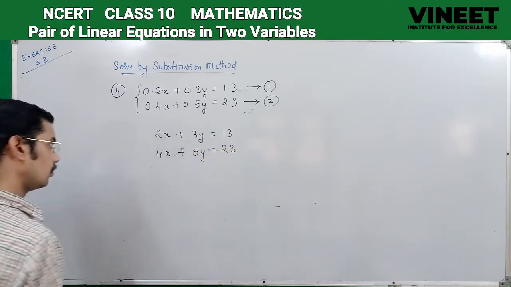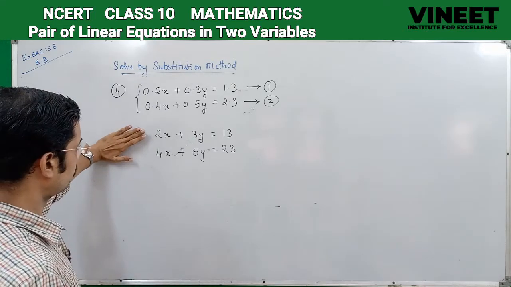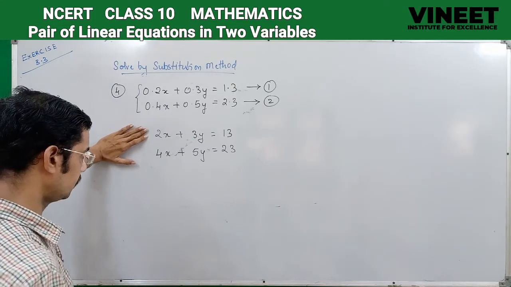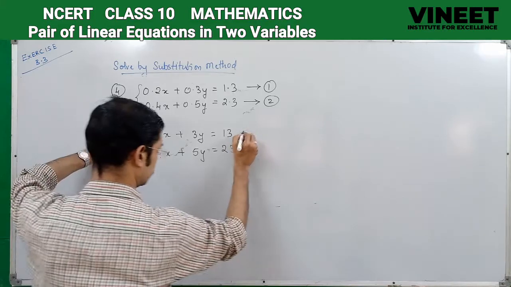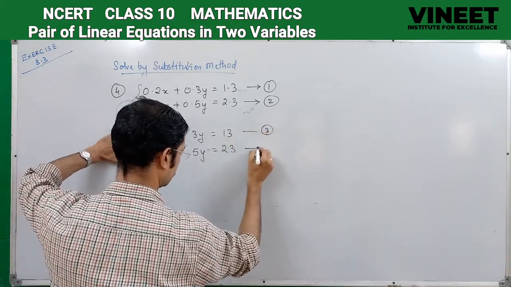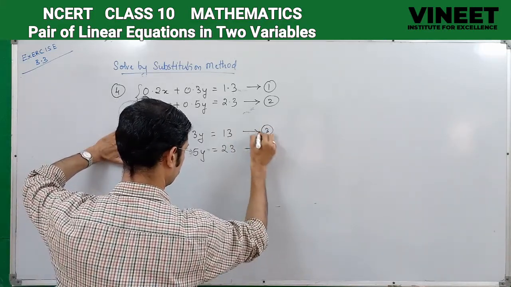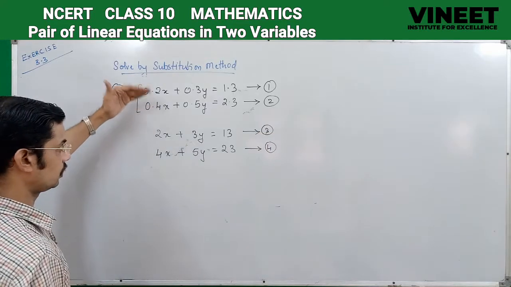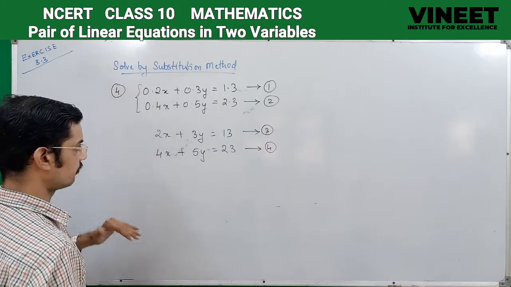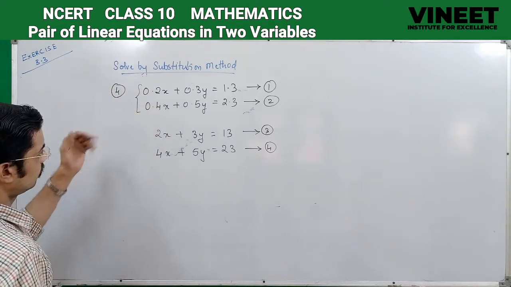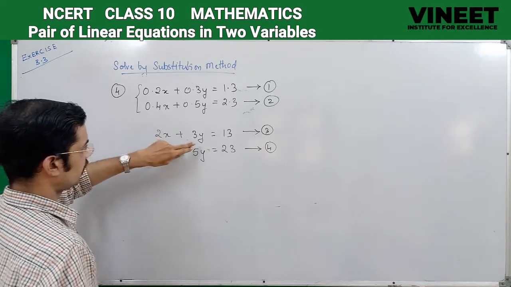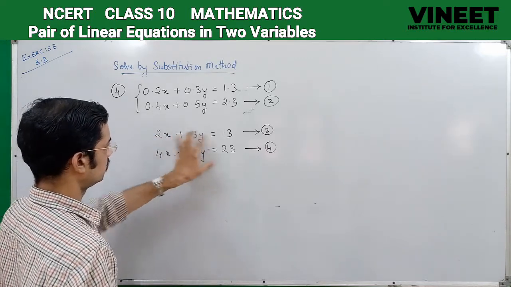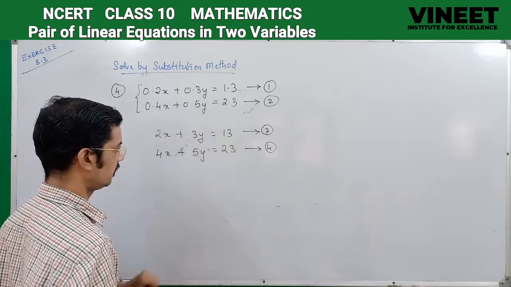Now this is equation number 3 and this is equation number 4. We have transformed these two given equations into a different form. Now what I am going to do, I will be taking y equal to something from equation number 3.